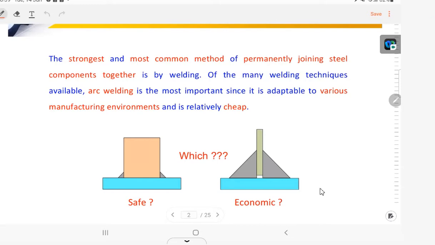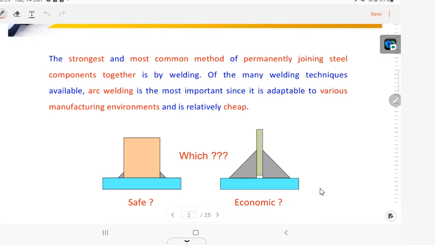So this is welding. When you want to manufacture, when you want to fabricate, you have designed something, correct? The structure, for example.